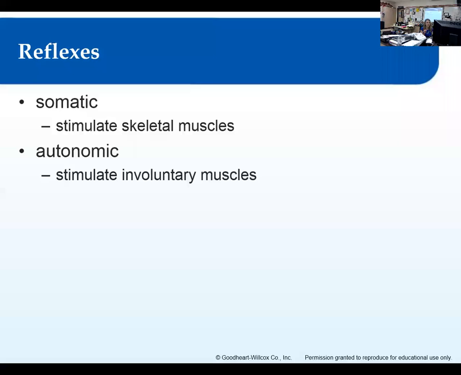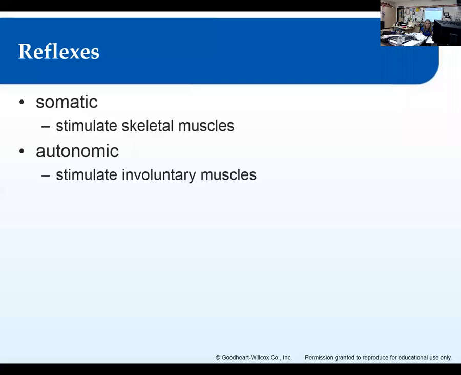Rapid, it is very, very fast. Part of the reason it's so fast is because it only goes to your spinal cord. It doesn't go all the way up to your brain and back down. It goes to your spinal cord and whips back around and comes back down into the motor neurons. Programmed response means it's supposed to do this. There's a specific stimulus.